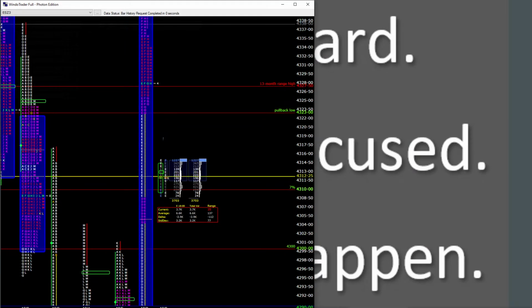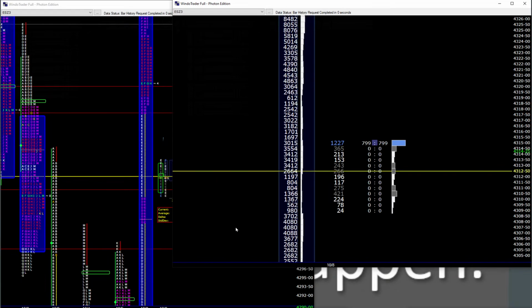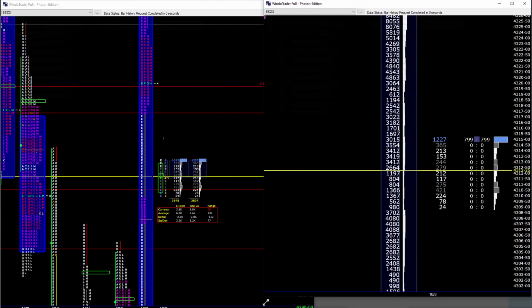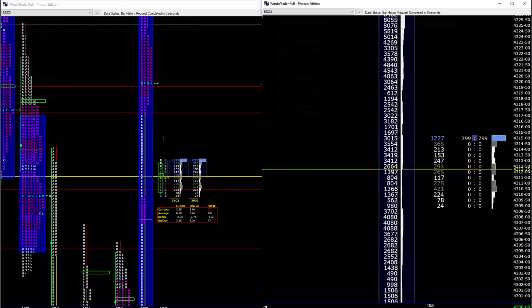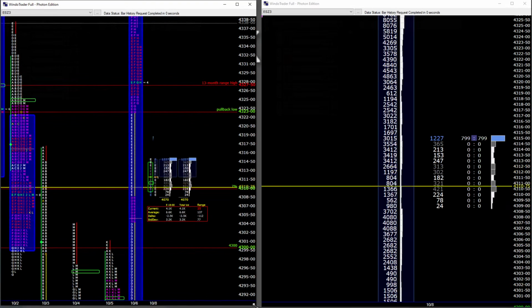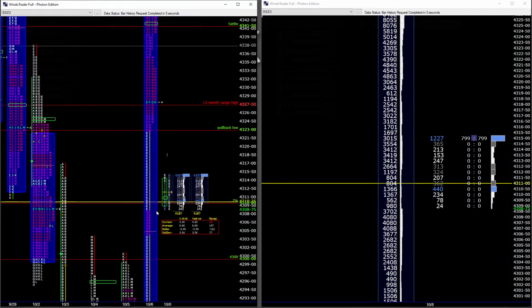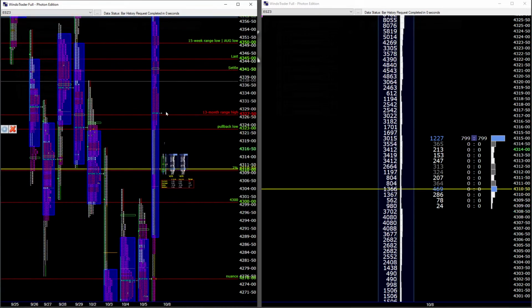Now, it opened way below, all right? That's not a good sign. Way below settle. I don't do anything in the overnight, I just want to see the opening, how the market opens. Now, notice this low. We know that this is very weak, right?